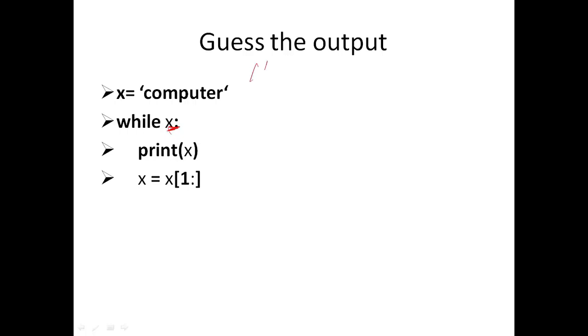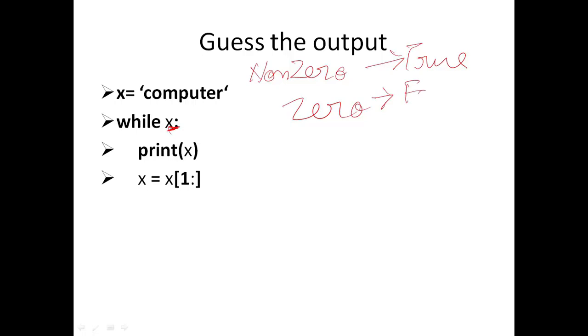Any non-zero value will be treated as a true value, and any zero value is treated as a false value. So in case of a true value we will execute the while part, and in case of zero or false value we will not execute the statements which are inside the while loop.